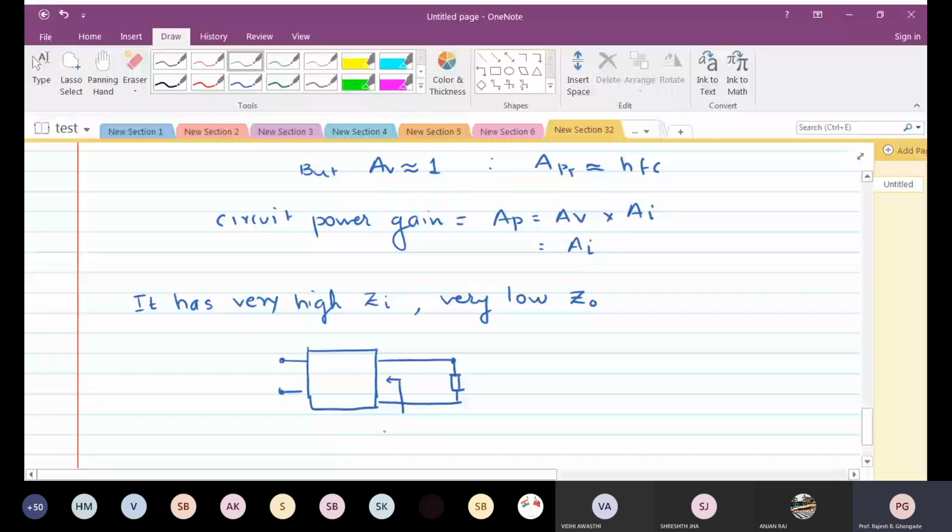Somewhere we have said that to minimize the loading effect, do you remember the loading effect, we should have ZO way less than RL.